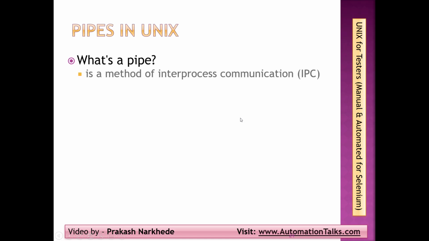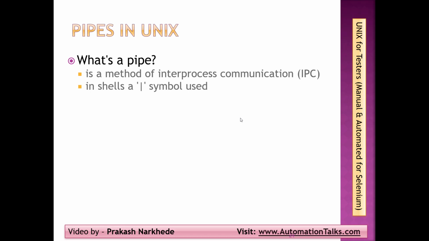So what is a pipe? A pipe is basically a method of inter-process communication. Inter-process communication enables the processes to communicate with each other to share information. Let us say I want to give the output of one process as an input to another process. This is where inter-process communication is going to help me.